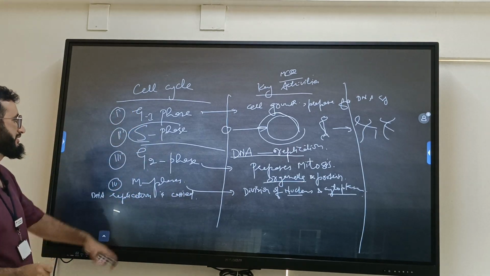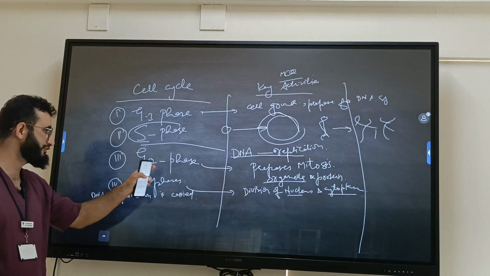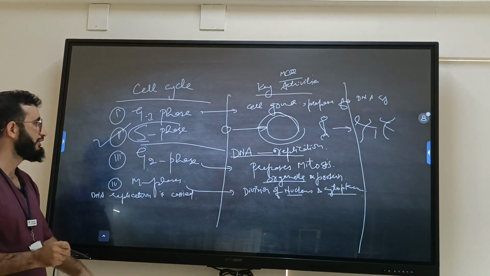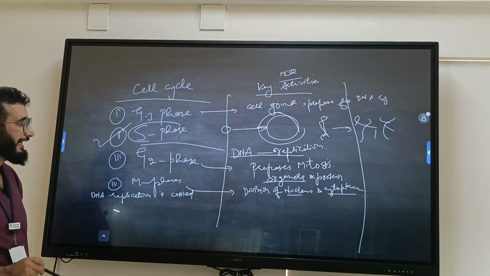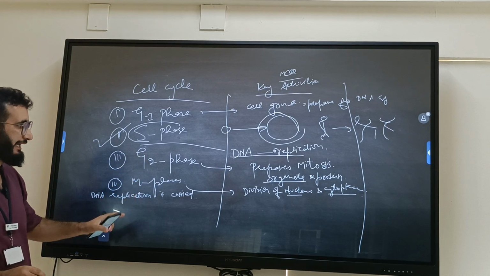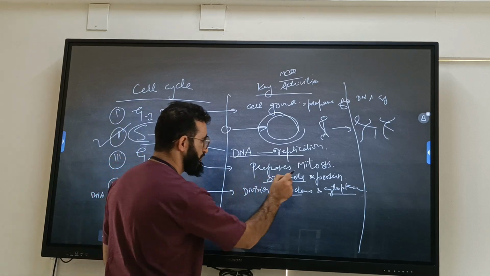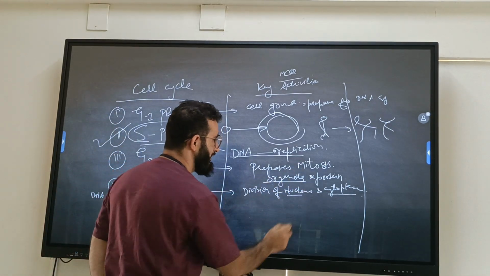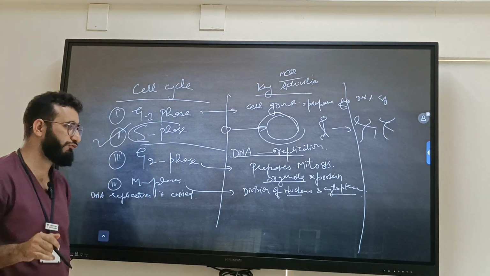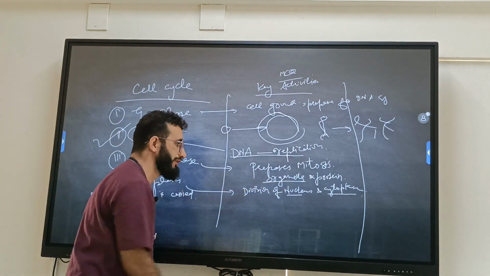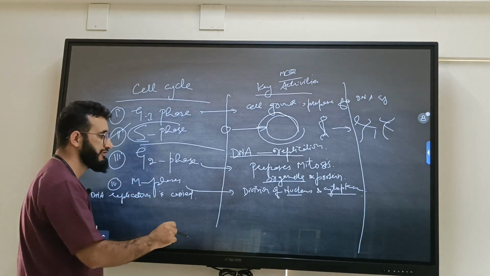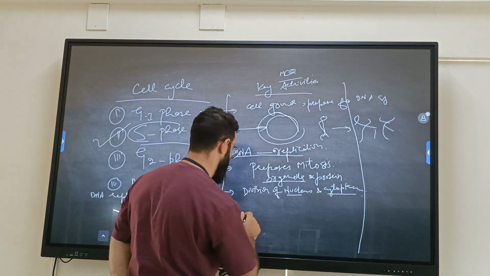Then there will be options G1 phase, S phase, G2 phase, M phase. You have to mark the S phase. Another important question might come like, in which stage of cell cycle is there formation of organelles and proteins? You have to mark G2 phase. And in M phase, there is a division of nucleus and cytoplasm.